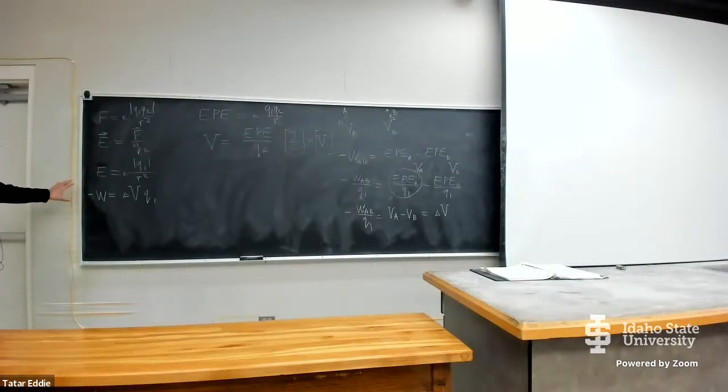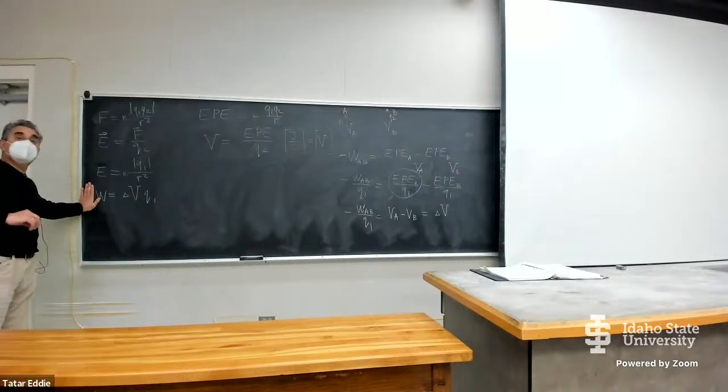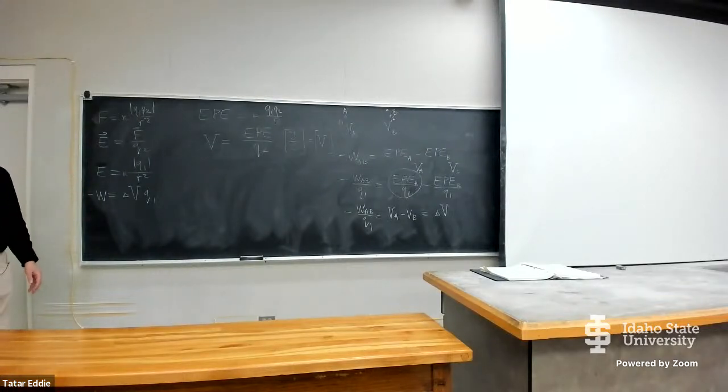So often we're going to use this formula to calculate the work done either by electric forces or to calculate the work done by external force. In that case, the minus sign disappears.